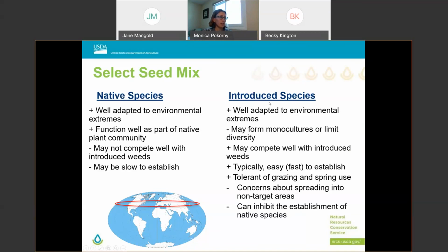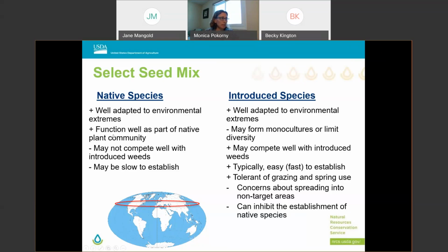An introduced species has been intentionally introduced by humans and brought to our region because it has qualities we might want to plant. It might be competitive, it might be good forage, it might provide good erosion control, and generally they're from the same latitude of the Northern Hemisphere, so they're well adapted to our environment.